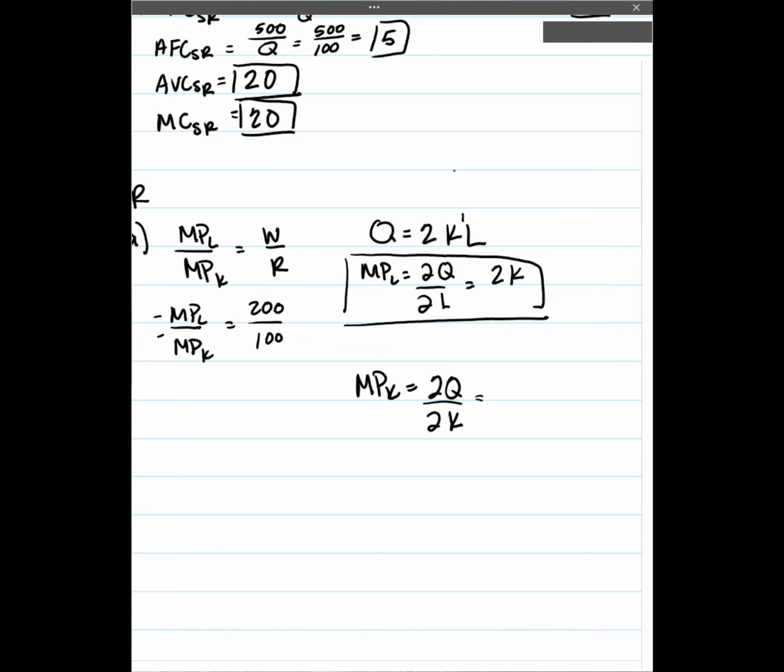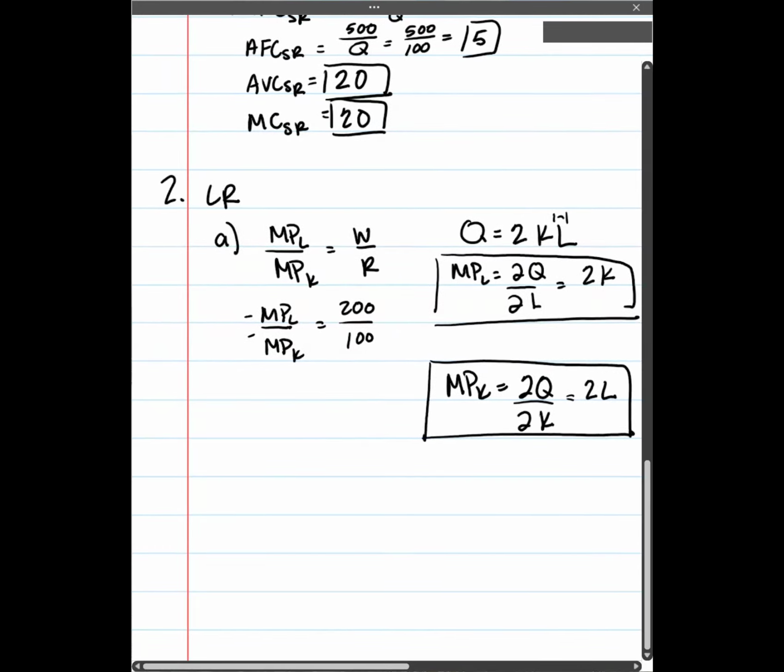The exponent on capital is also 1, so we'll have 1 times 2 times L, because those are both the constants modifying capital. We subtract 1 from the exponent on capital, so we have capital to the 0 power. Anything to the 0 power is 1, so we're just left with the marginal product of capital equal to 2 times labor.